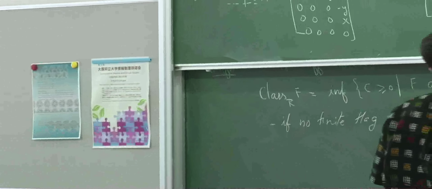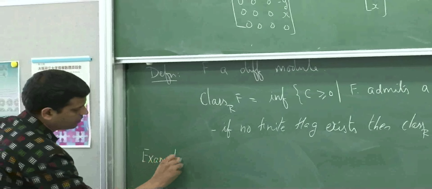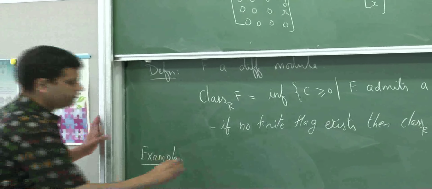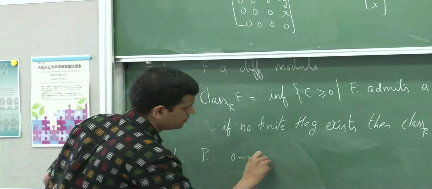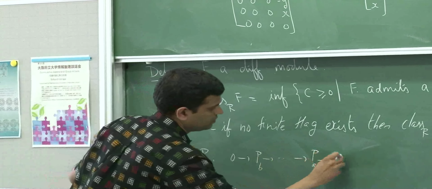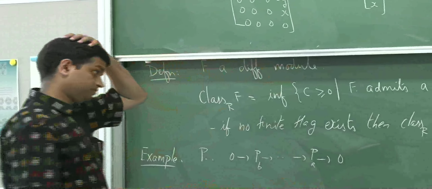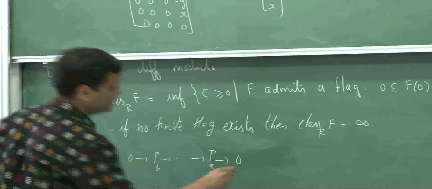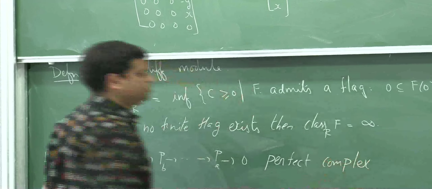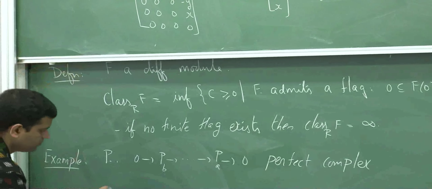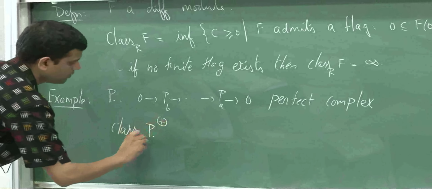So for example, if P is a perfect complex, then consider the class of P, the corresponding differential module.